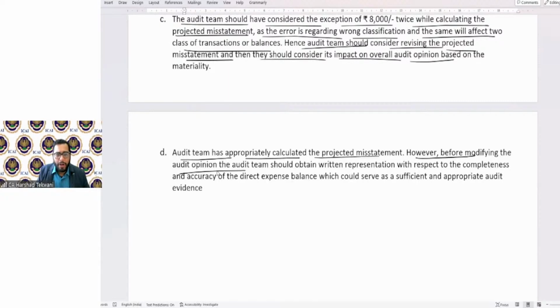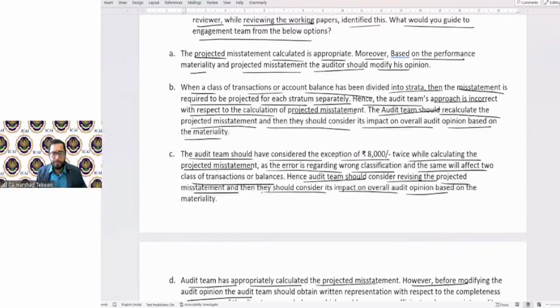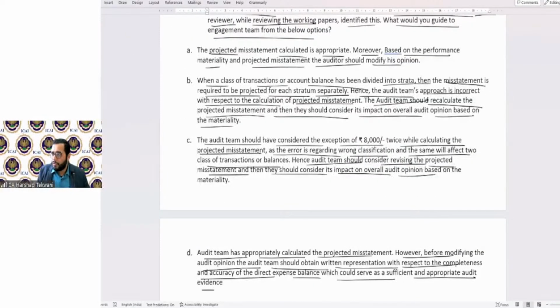However, before modifying the audit opinion, the audit team should obtain written representation with respect to the completeness and accuracy of the direct expense balance, which could serve as a sufficient and appropriate audit evidence. So, yeah, the correct option here will be option B, because misstatement calculation is not correct.